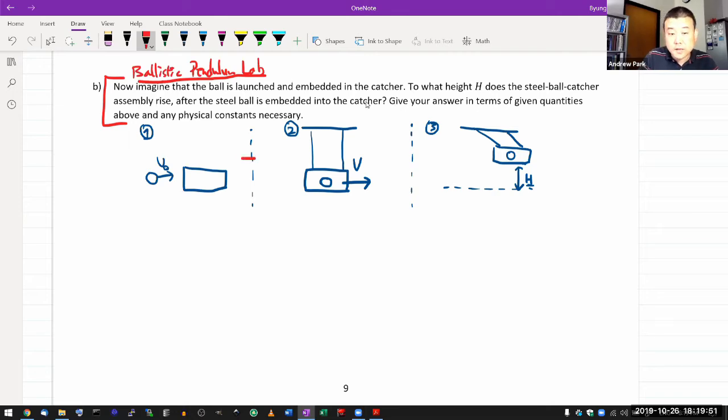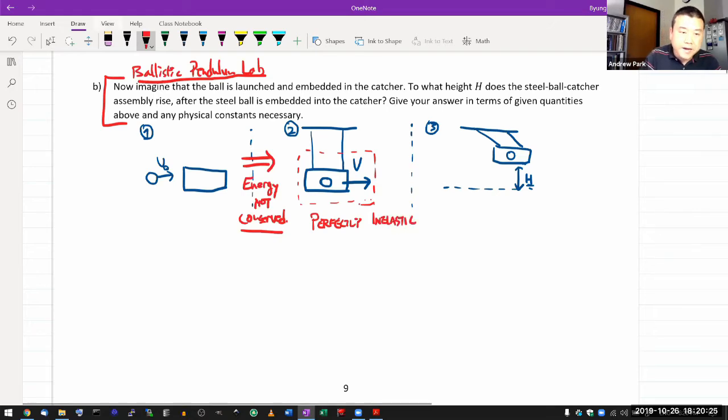So going from snapshot 1 to 2, you should be able to see that energy is not conserved. And the main thing that you should look at to recognize that is the description of the collision, where the ball gets embedded into the catcher, and from that description, you should recognize that this is what your textbook calls a perfectly inelastic collision.